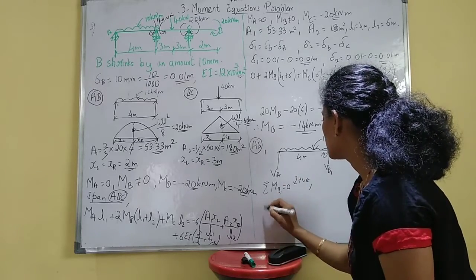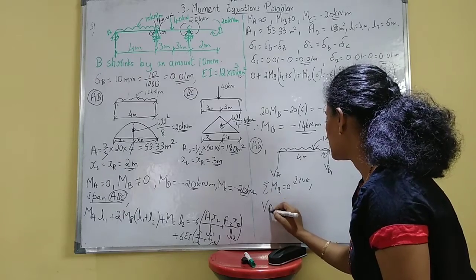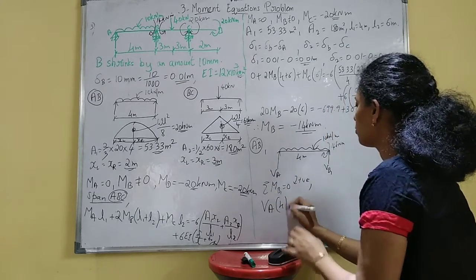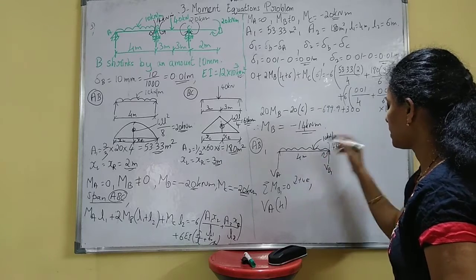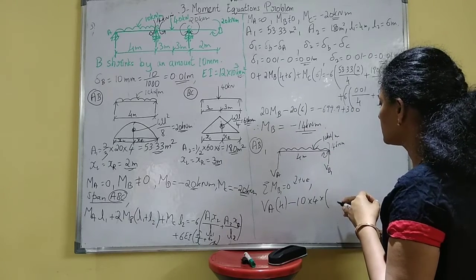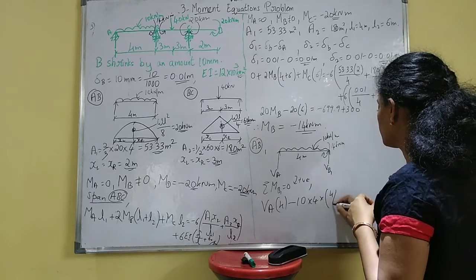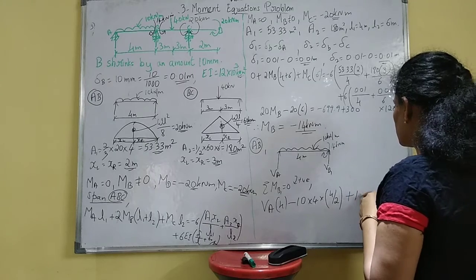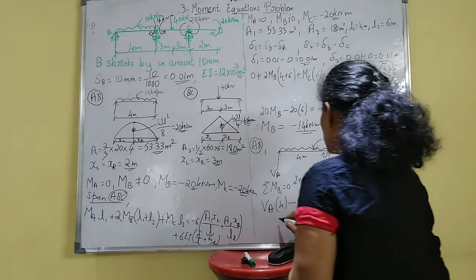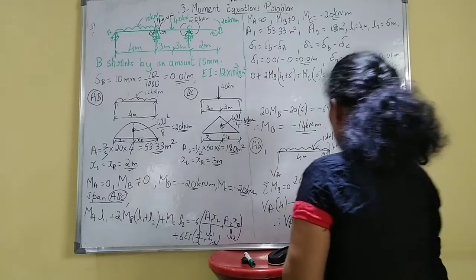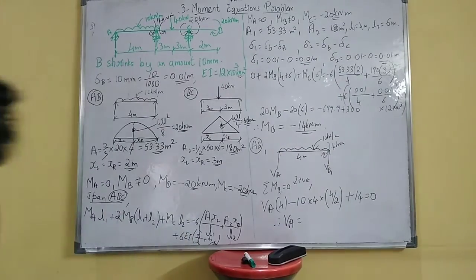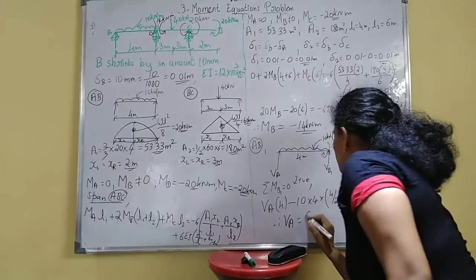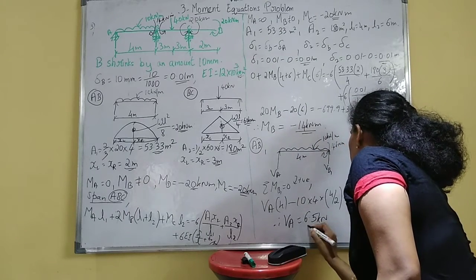So you have, this is plus VA into 4, then this is minus 10 by 4 by 2, then this is clockwise, so plus 14 equal to 0, therefore VA is nothing but 6.5 kilonewton.